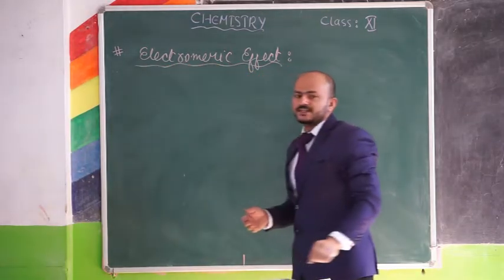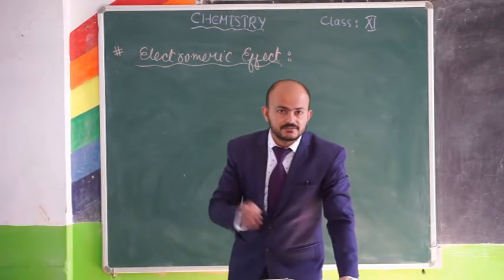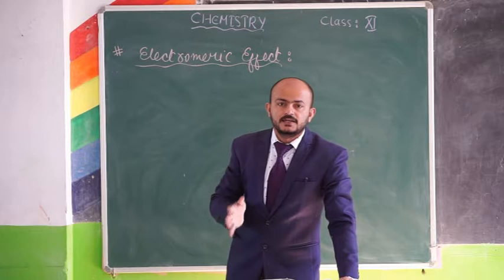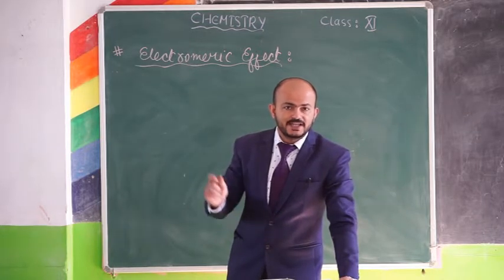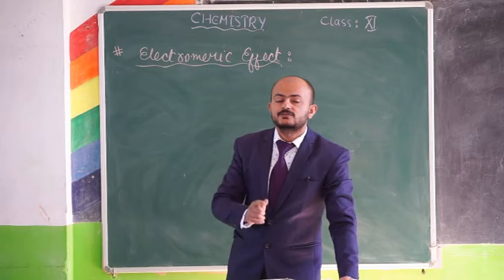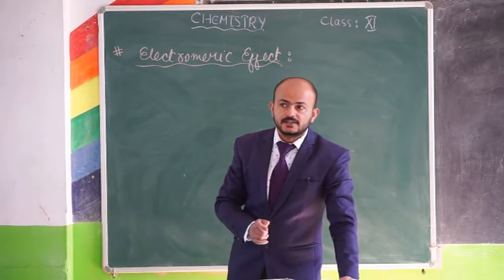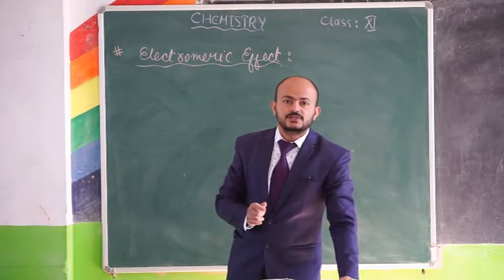Now this electromagnetic effect differs from inductive effect. In what respect? In the respect that for a compound to show electromagnetic effect, there has to be the presence of a double bond and some attacking reagent has to be present.